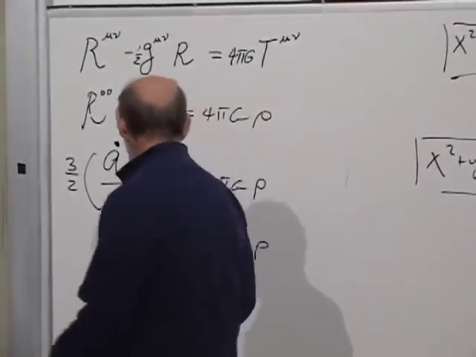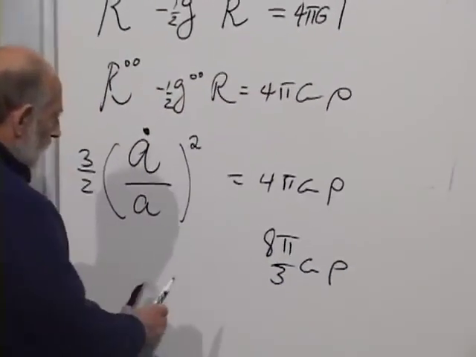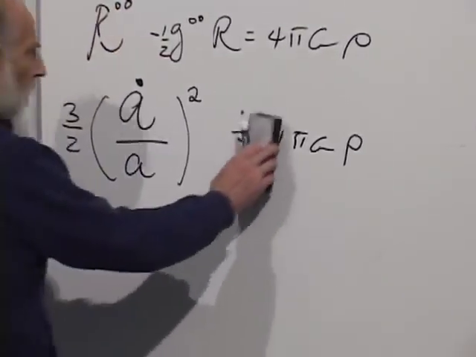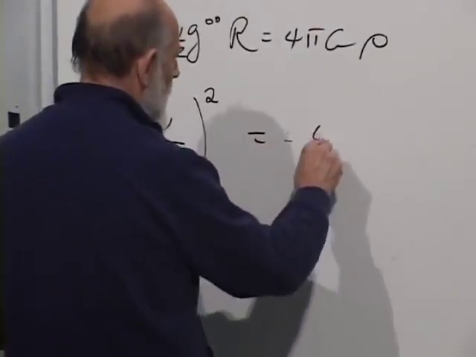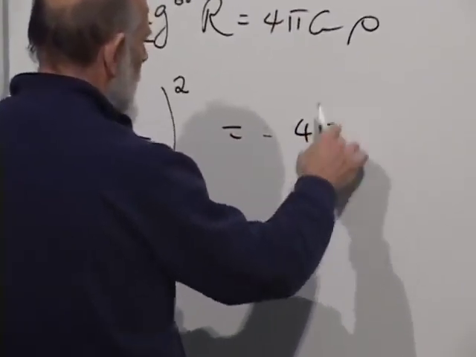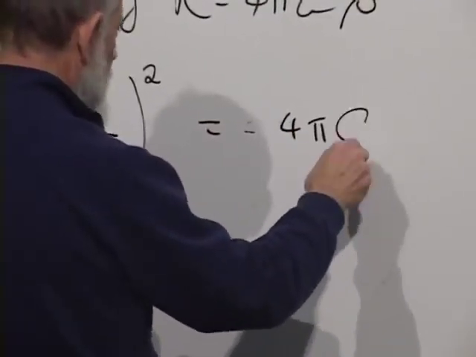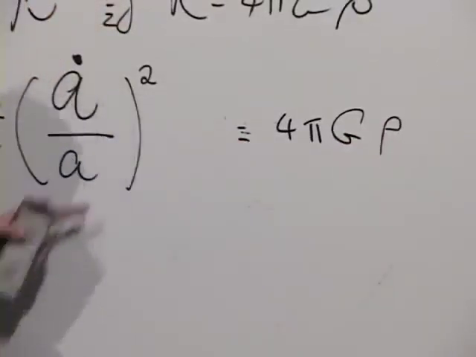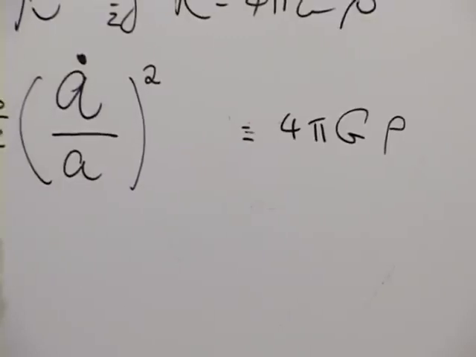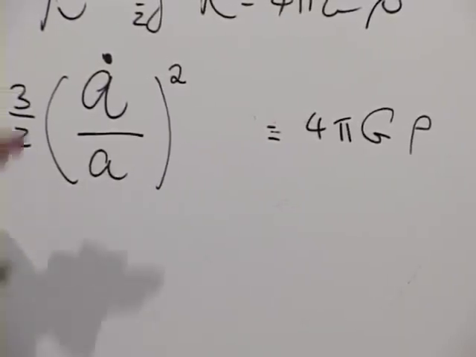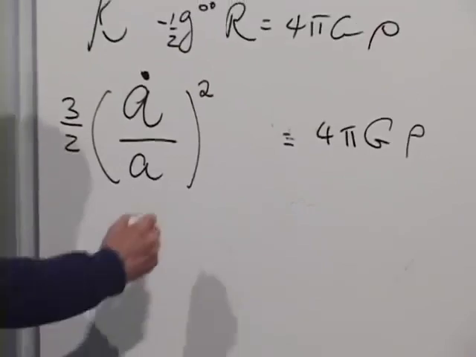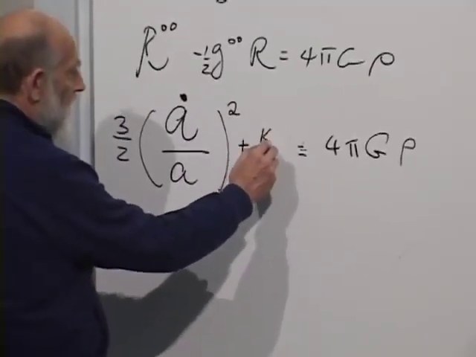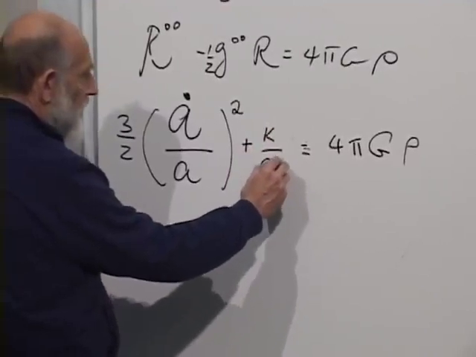And guess what? That contribution is, apart from numerical factor, let's say 4 pi, what did I have there? G times rho. The other factor that's here is 0 when k is equal to 0. But for the other two cases, it's plus k divided by a squared.